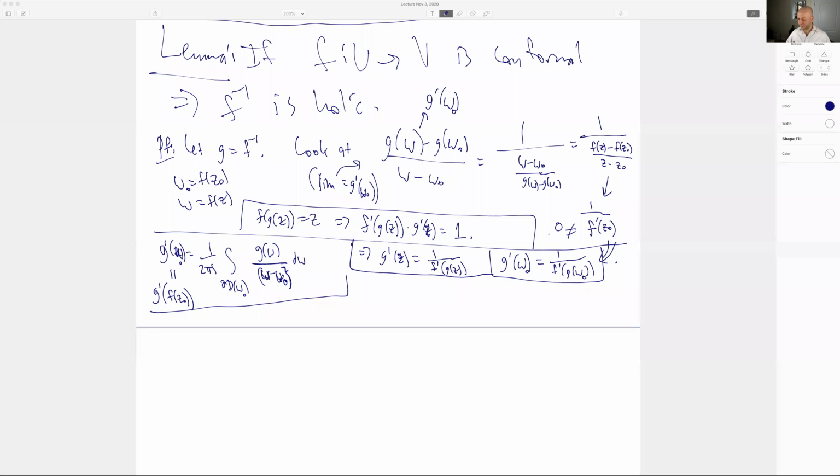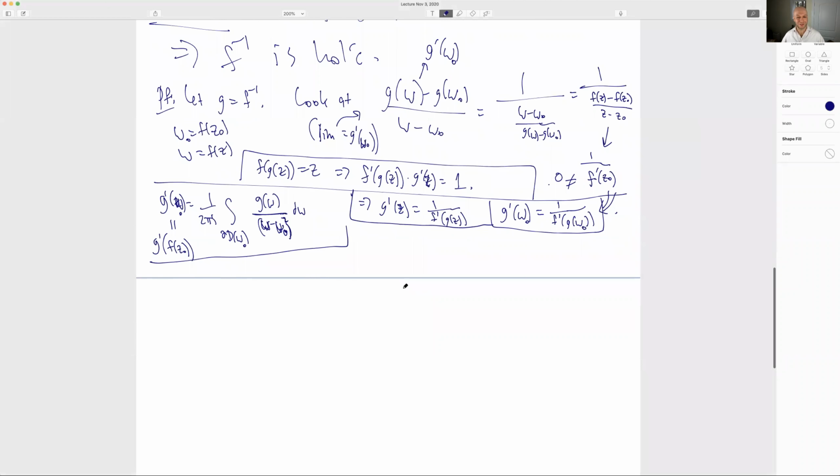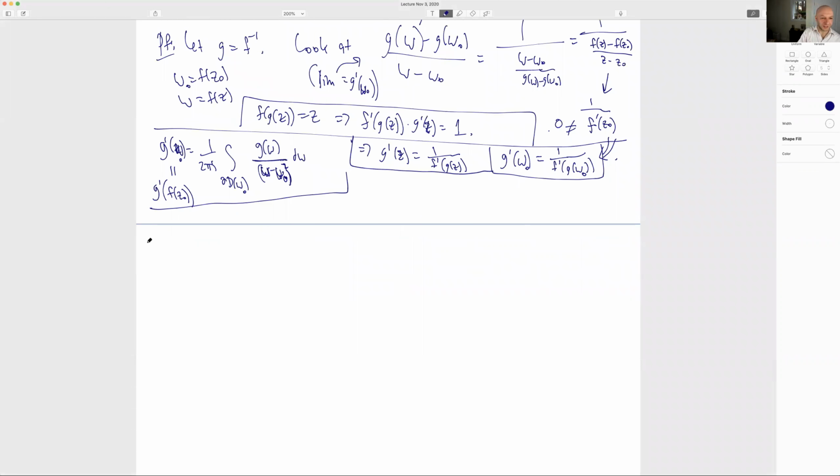So let's see some examples of conformal maps, and maybe we'll see some computer versions of those later. Here's kind of the prototypical conformal map. This is the upper half plane, z equals x plus iy, and y is positive.